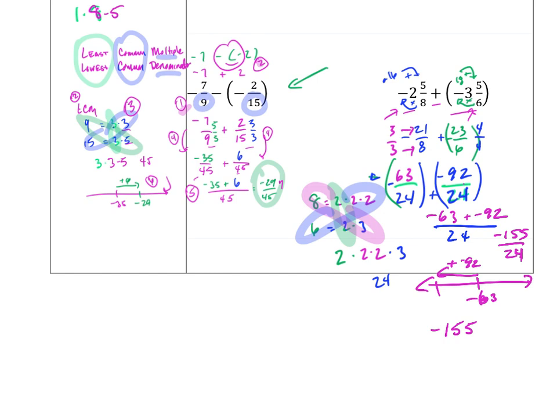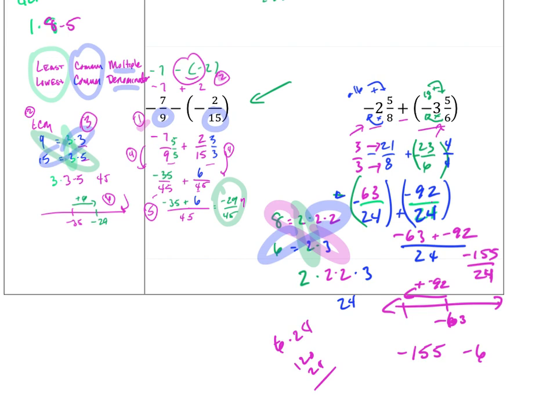Okay, so now what I got to do is, I know it's negative, right? It's a big negative. If I look, I know that 24 is about 25, and 155 is about 150. So 25 goes into 150 6 times. So this should be negative 6. 6 times 24 is 120 plus 24, 144.